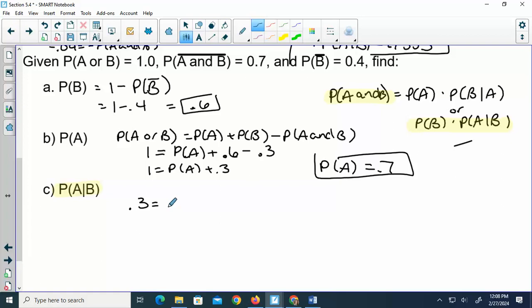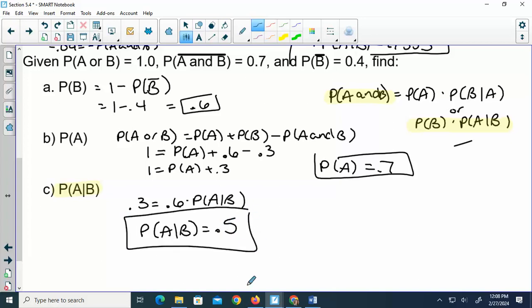Probability of B, we found to be 0.6, times the probability of A given B. So if you divide your 0.6 over, probability of A given B is 0.5. So this is just practice, kind of getting used to the formulas and solving with them. Questions?